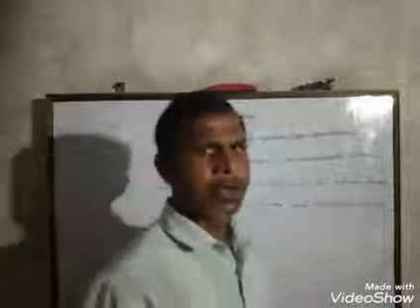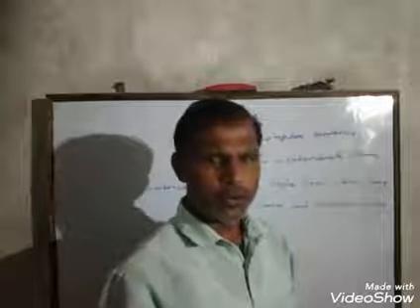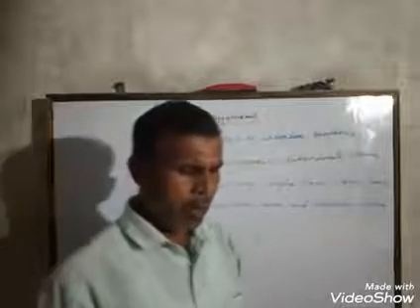Subject to a verb I have explained, object to the verb I have explained, and object to a preposition I have explained. Now the remaining point is complement to a verb.